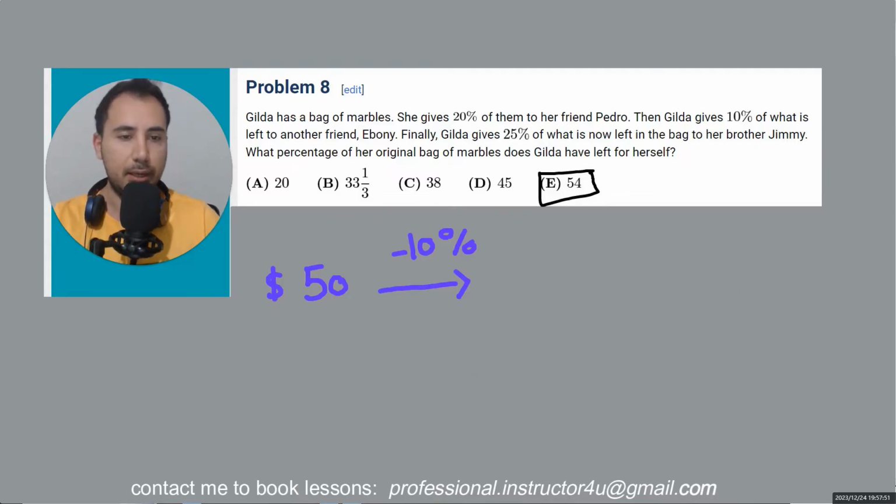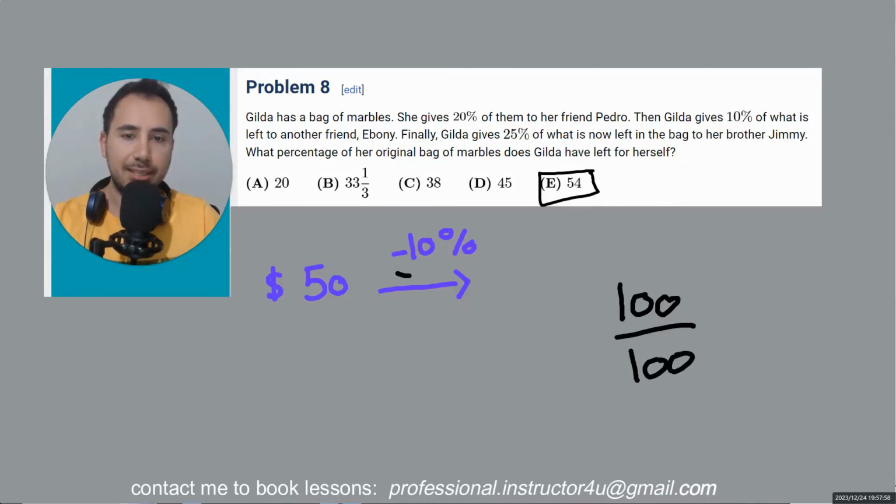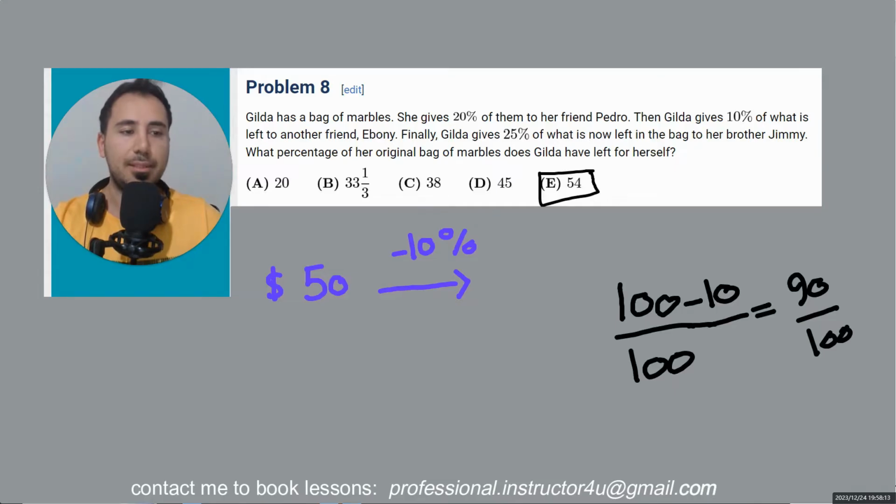See, listen to me. If all of something is 100%, okay? If you want to take 10% of that, that means from this 100, we're going to take 10 of it. So what is this when we simplify it? It's going to be 90 over 100. You simplify it more, this is going to be 9 over 10, okay? Do you remember the shirt was 45 after the discount?